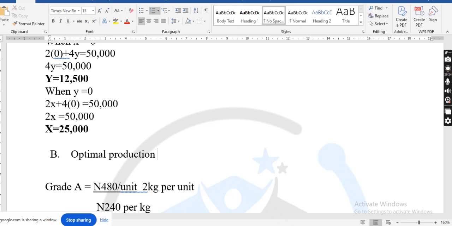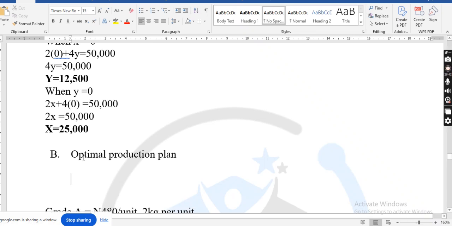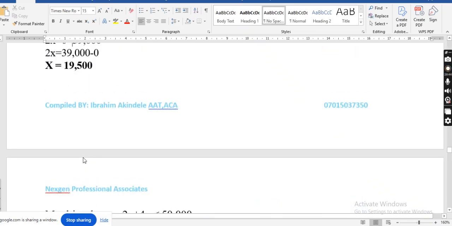Now, this optimal production plan, we're supposed to get this from our graph, right? Since we cannot plot a graph here, what we just do is pick from our constraints.